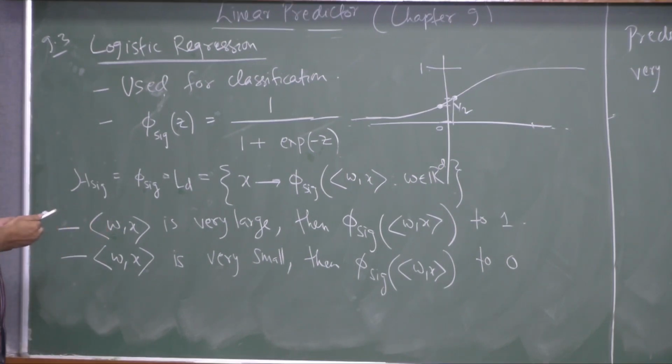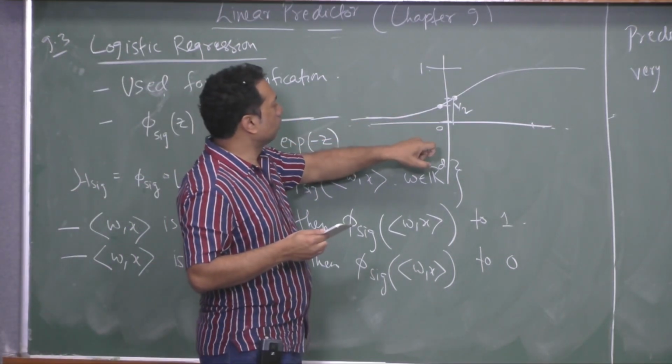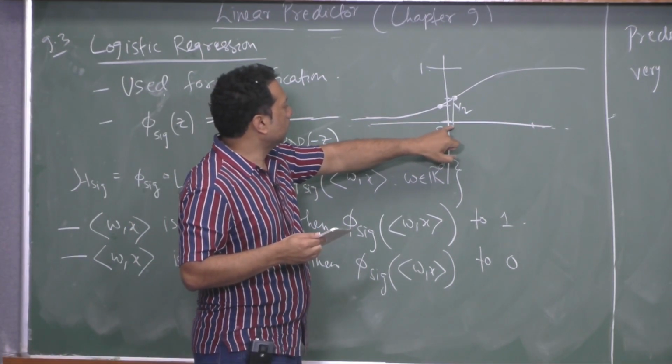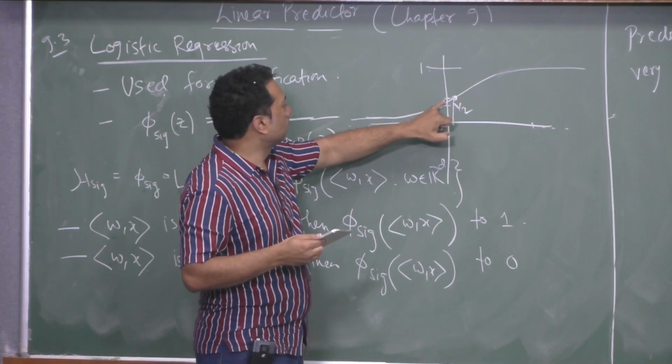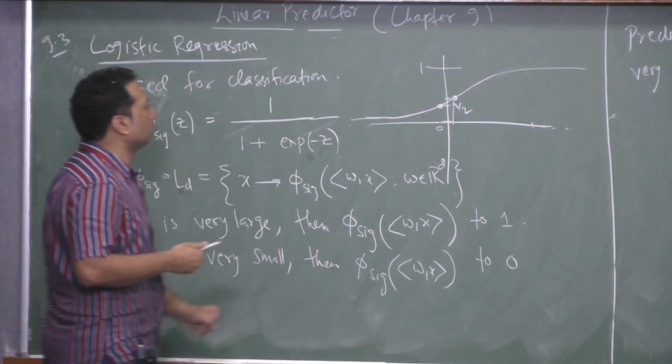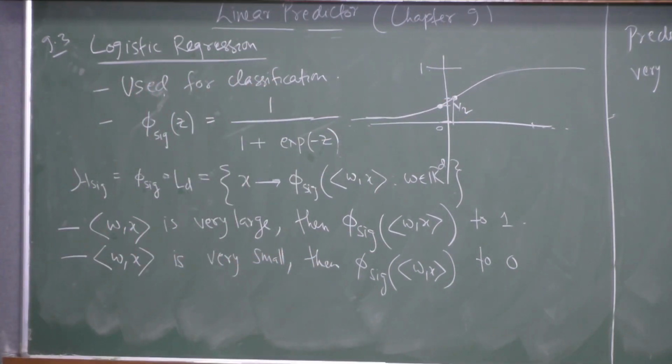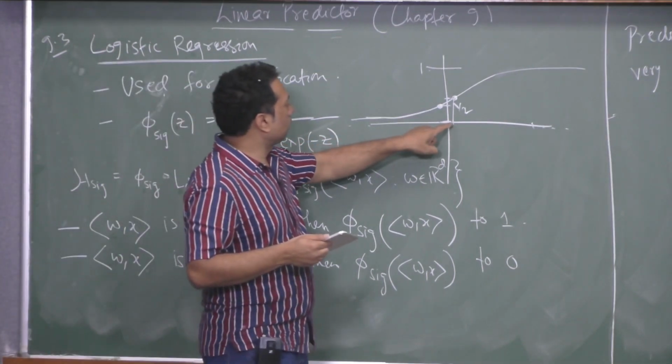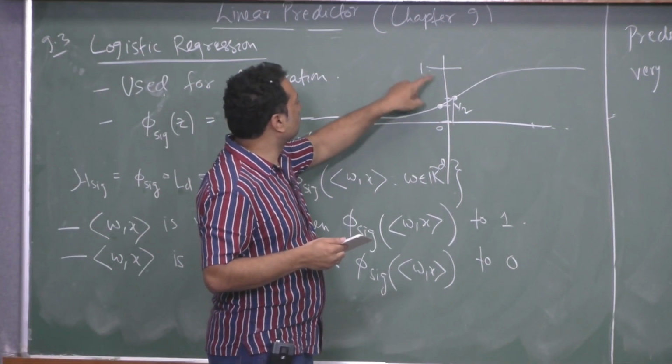So in some sense you can say that it's giving you some kind of a probability, because its values are between 0 and 1. So if the value is somewhere close to half, just above half, then you can say there is a 50% probability that this data point belongs to class 1.